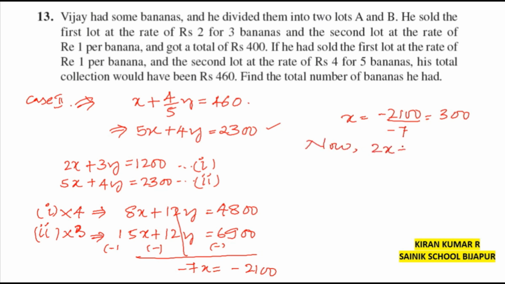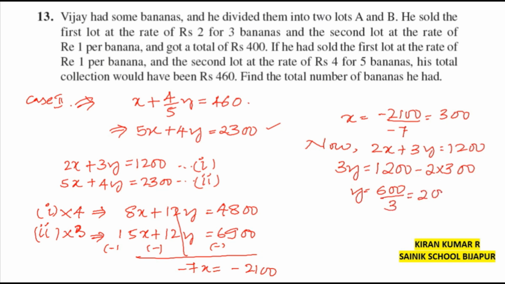Now let me take one of the equations, 2x plus 3y equal to 1200. We want y, so 3y will be equal to 1200 minus 2 times x. 2 times 300 is 600. Subtract 600 from 1200, we get 600. Y will be 600 upon 3, which is 200.